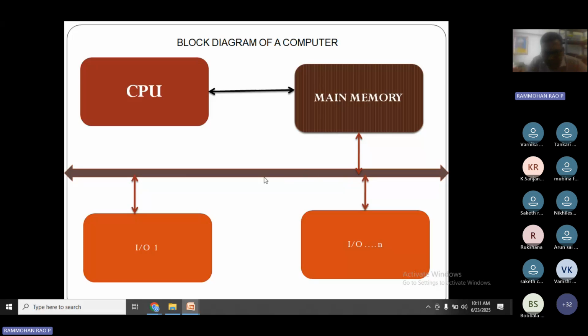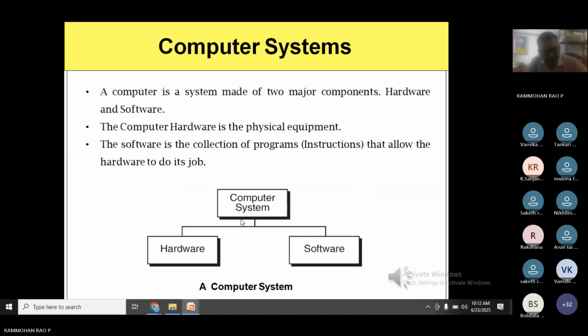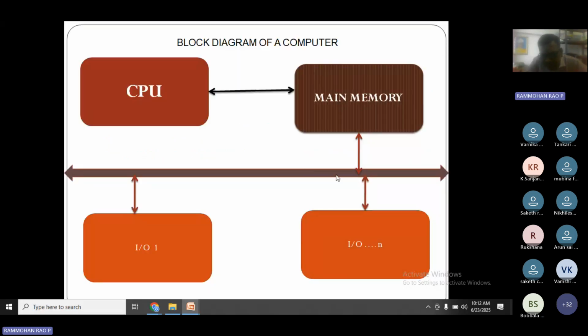If you observe this diagram carefully, if any input output device wants to send some data to the CPU, there is no direct connection. The IO device has to use this external bus, and via the external bus it will go to main memory, and from main memory it will go to the CPU.